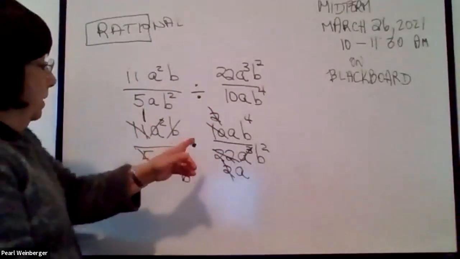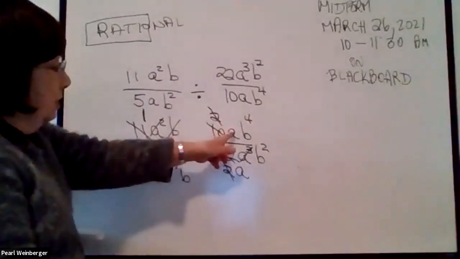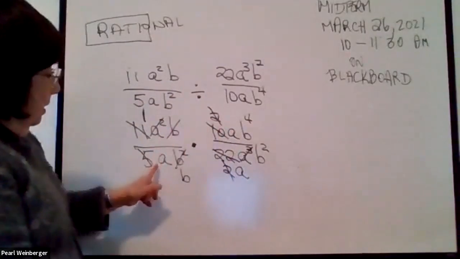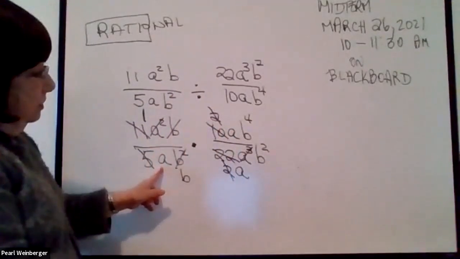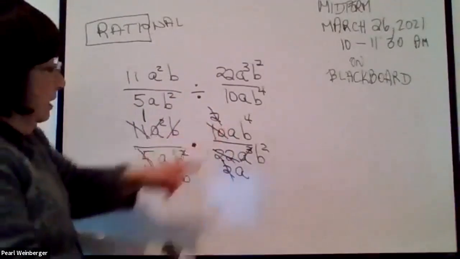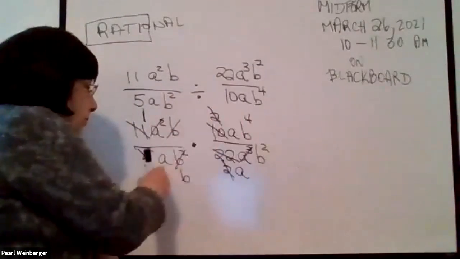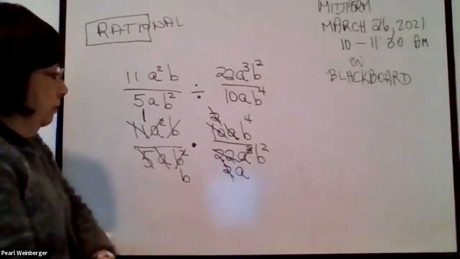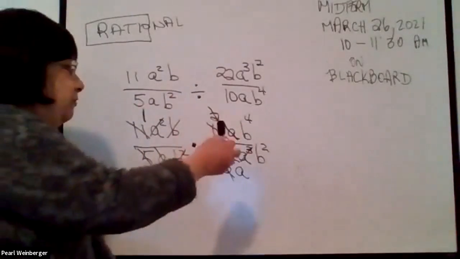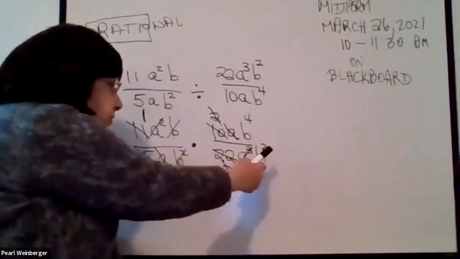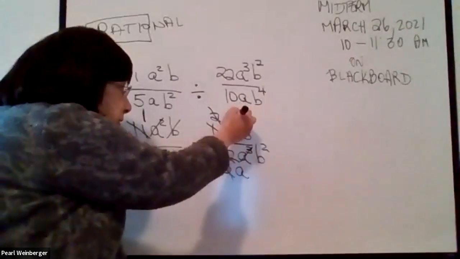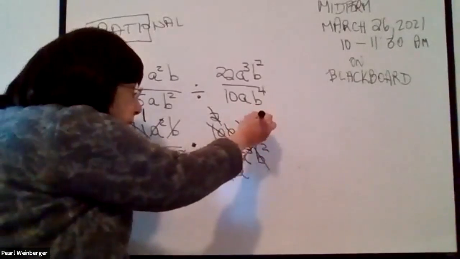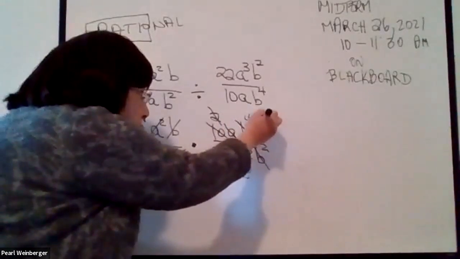I can cancel out this 2 with this 2. Now I go on to the A's. There's an A here. Is there any A I can cancel it out with? I could do either one, but let's say this A and this A get canceled out. Remember, they both have the same exponent, so they just get totally canceled out. And the B fourth, well, first I see a B squared and a B fourth, so the B squared cancels out, and 4 minus 2 is B squared.